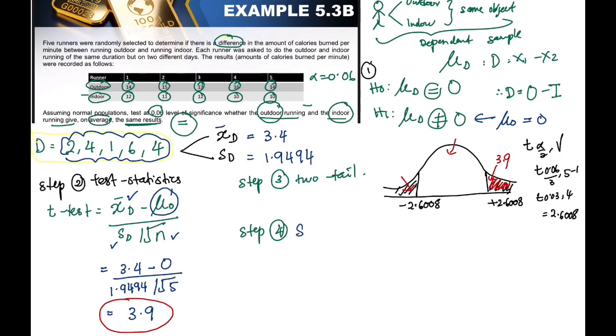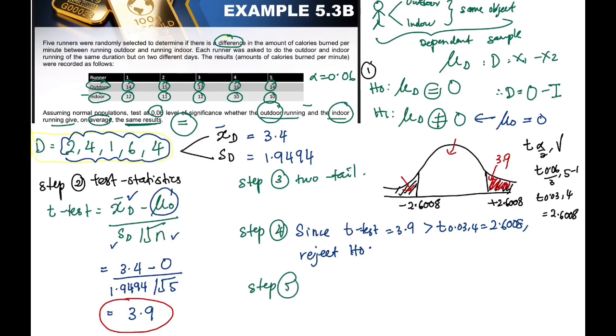So since t-test 3.9 is greater than t 0.03, 4, 2.6008, reject H null. So what happens if you reject H null?